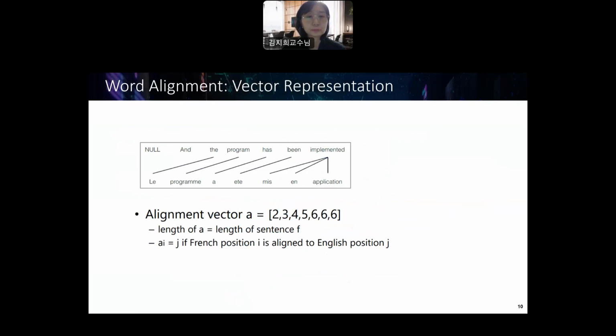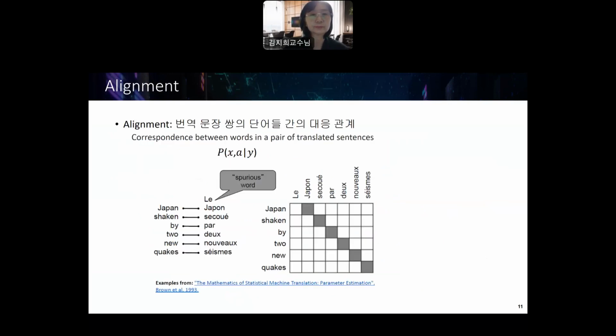If we create numbers for each word, like 1, 2, 3, 4, 5, 6, then this particular "le" could map to number 2, and "program" maps to number 3, and these three word parts could be mapped to this particular 6, 6, 6. And the length of the vector will be basically the length of the sentence, how many words.